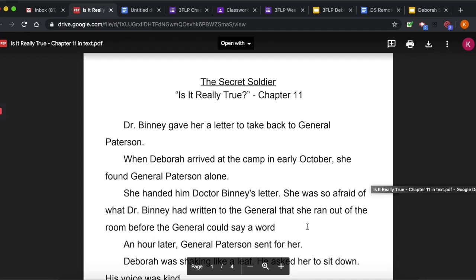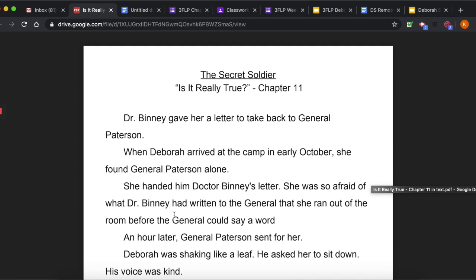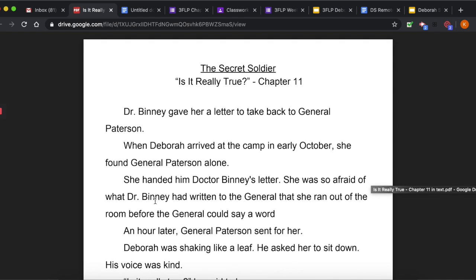Now, in question number 1, we talked about what it means when somebody says shaking like a leaf. Now we're talking about why Deborah is shaking like a leaf. Okay, why might she be shaking? This is what we've talked about in 3rd grade when we talked about inferencing. It doesn't exactly say right in the text, Deborah was shaking like a leaf because.